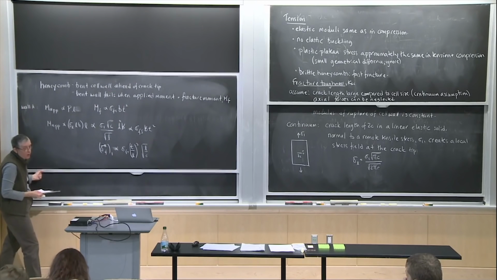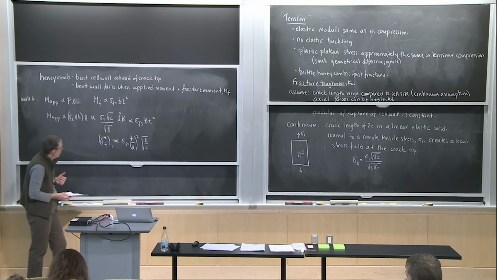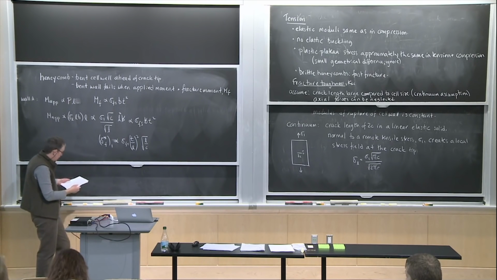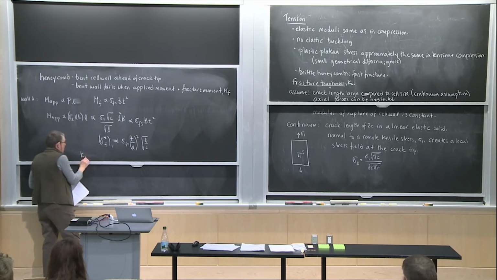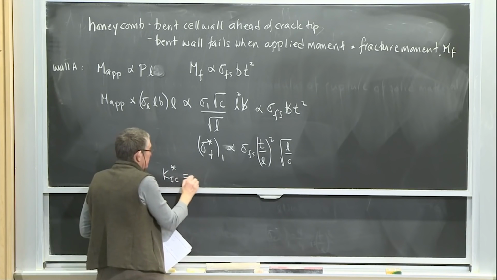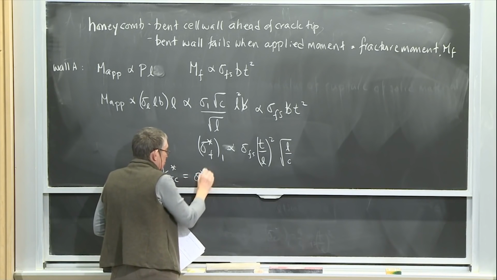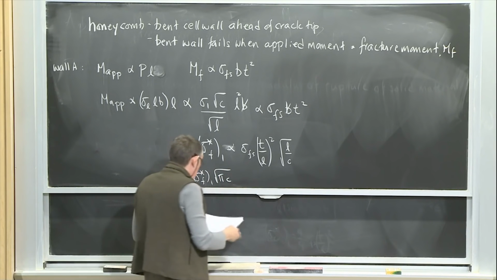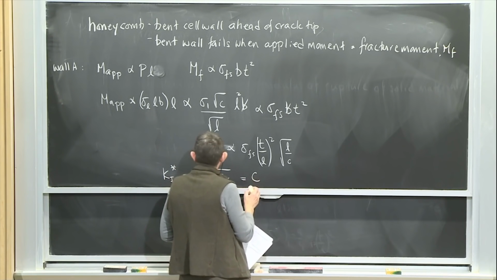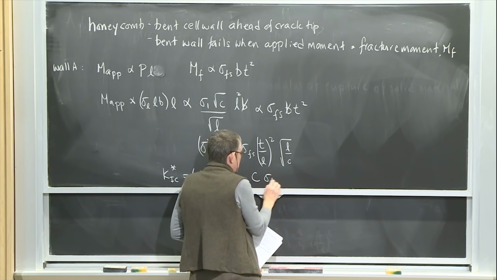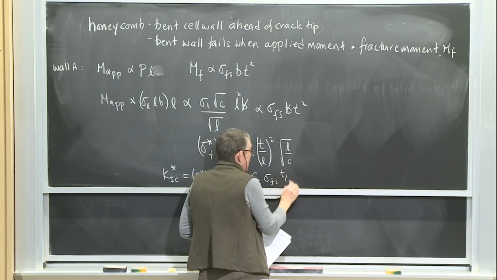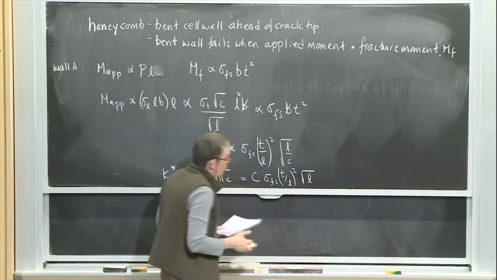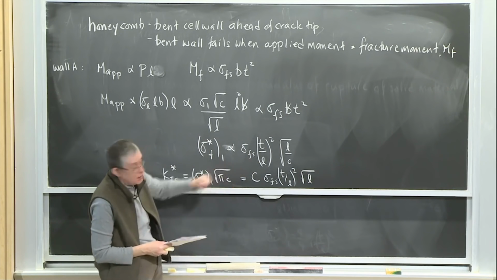And now if I want to get a fracture toughness, the fracture toughness is just the strength times the square root of pi times the half crack length C. So here, my fracture toughness is just that strength times the root of pi C. So I can say that's equal to a constant times sigma fs times T over L squared, and now times the square root of L. The root of C's have canceled out.